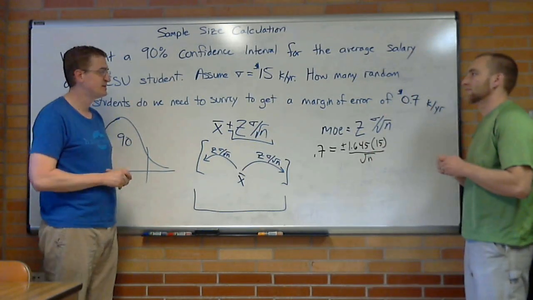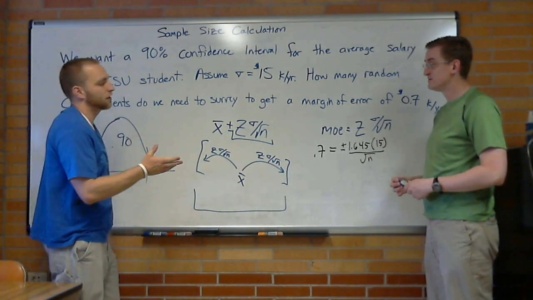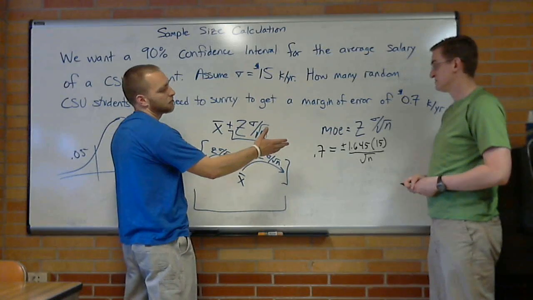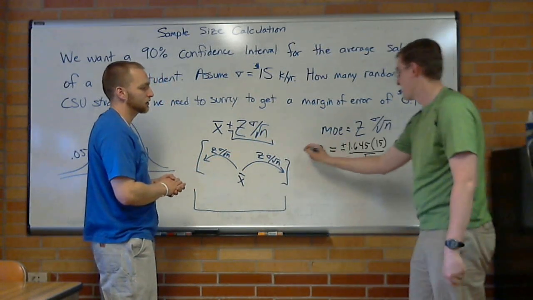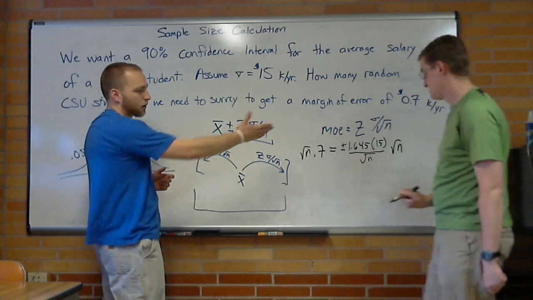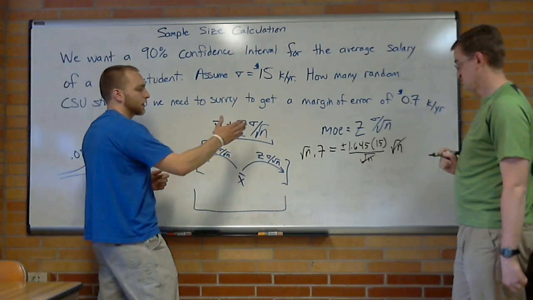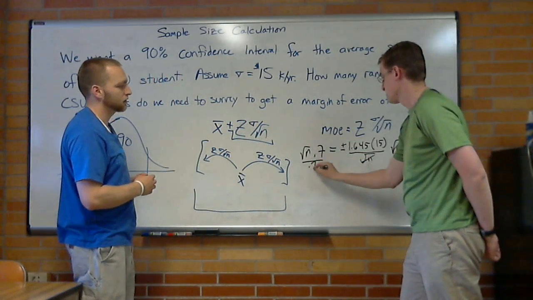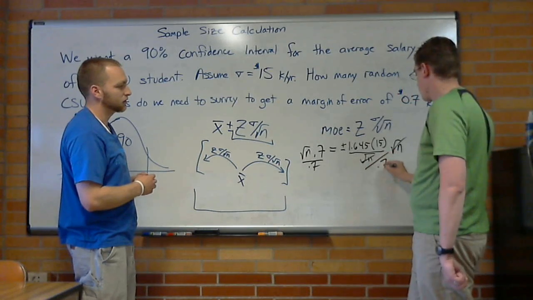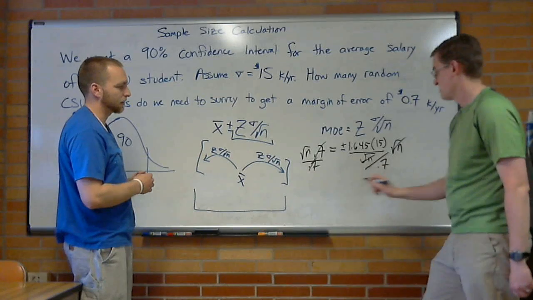And now the question is, how do I solve that? So the first thing you need to do is multiply both sides by the square root of n, and you notice that the square root of n cancels on the right-hand side. And then you can divide both sides by 0.7, and the 0.7s cancel on this side.